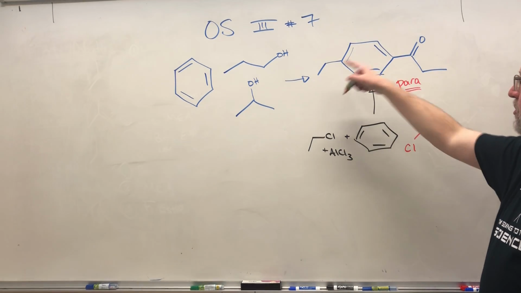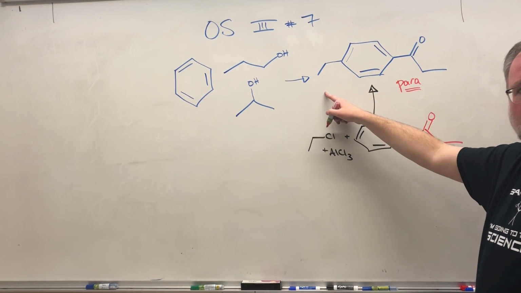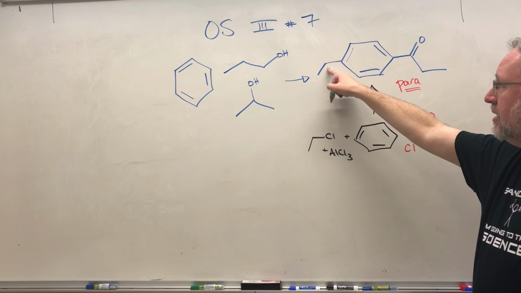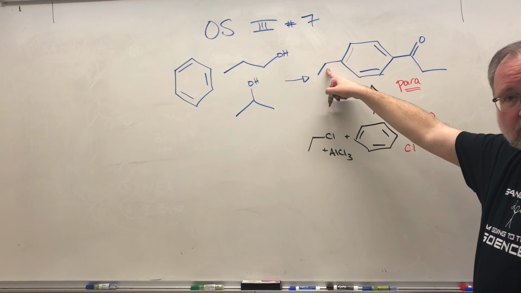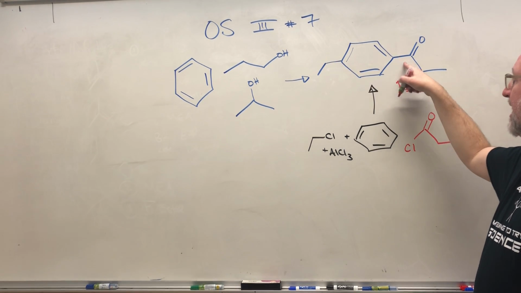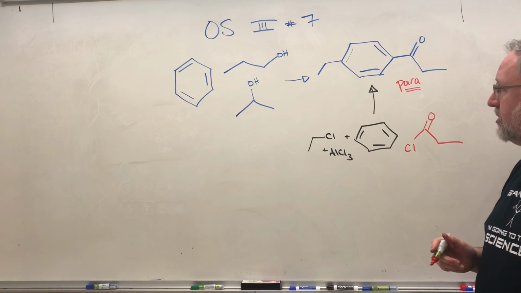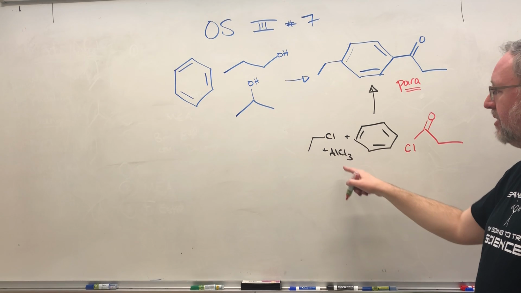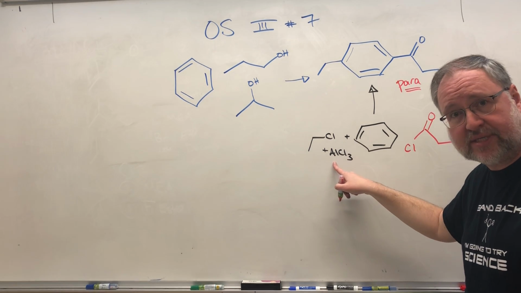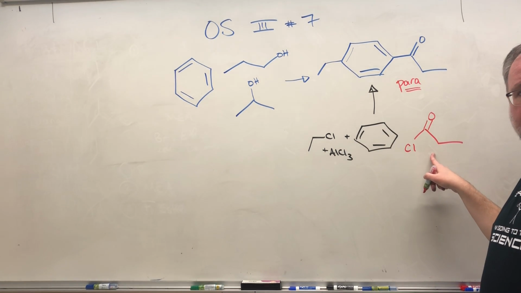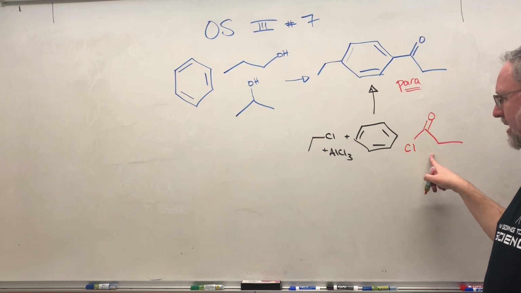Only one of these groups is an OP director. Which one is the OP director? Right? This one. The alkyl group, carbon groups are OP directors. That's actually a meta director. All right, so the first thing to add is the OP director. So when we do this final assembly, we're going to want to do this first, followed by this. Okay, so that's the end.